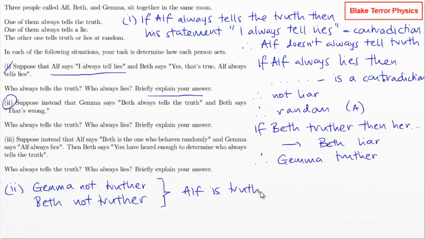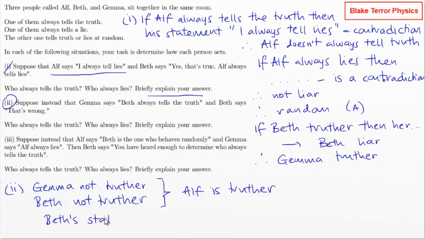So what does that then mean about these other bits? So Alf is the truther. So Gemma is saying something that's not true, but we don't know whether that's because she's a liar or because it's at random. Beth has said that it's wrong, that she isn't telling the truth. Right, so we've got a slightly different statement here for this one then, because Beth has said something is true. Beth's statement is true.